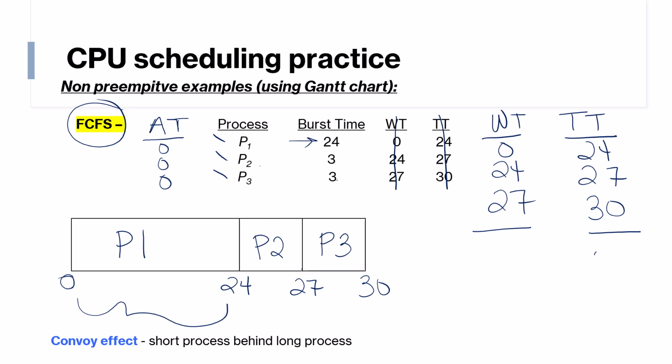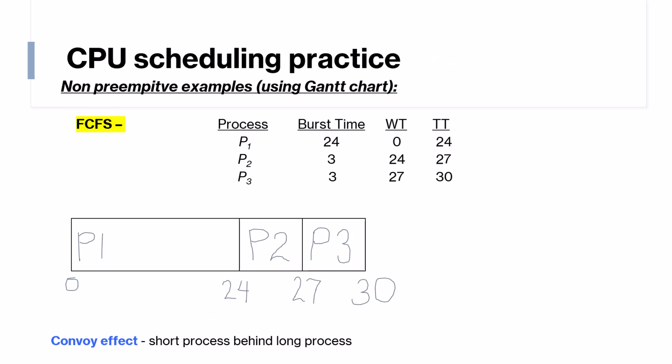So the average turnaround time is 27, and the average wait time is 51 divided by 3, 17, I believe. I think on the next slide I do have the calculations. I don't have the results here, but I think that was right. 51, 17. And the turnaround time would be 27.